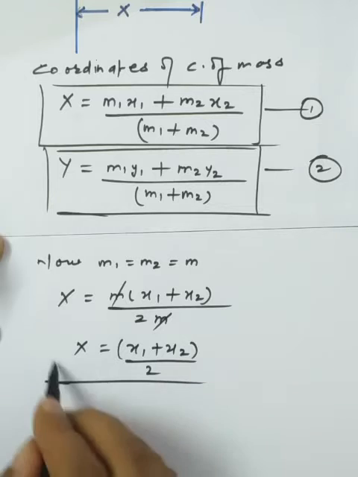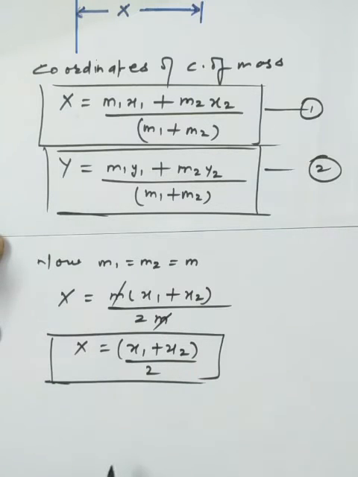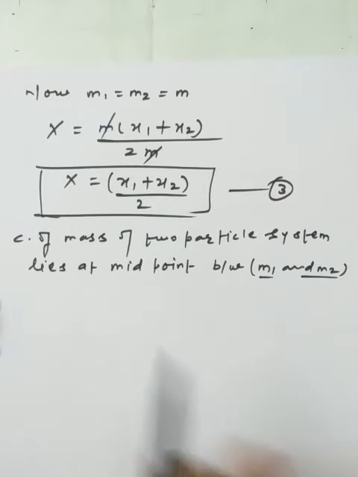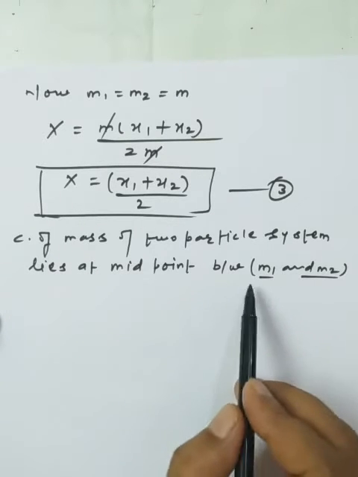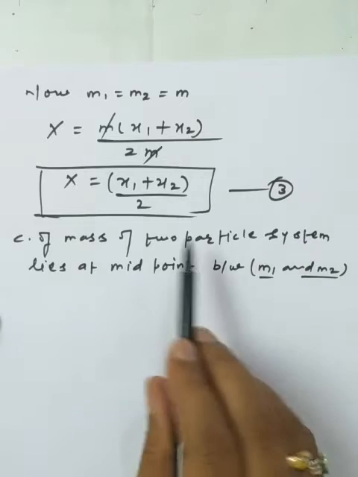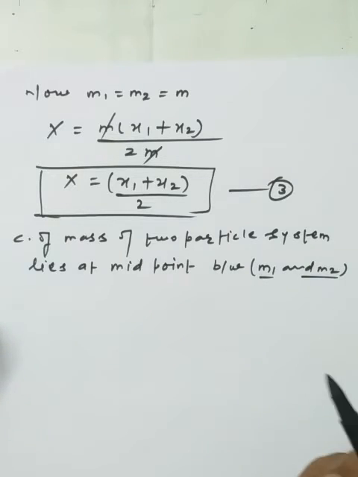So this is the position coordinate of a two particle system in which the two particles have the same mass. This is equation number 3. So easily we can say that the center of mass of a two particle system lies at the midpoint between m1 and m2.